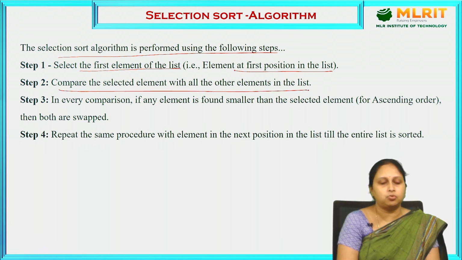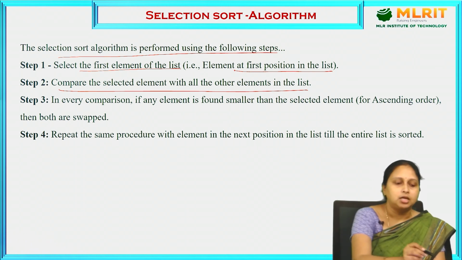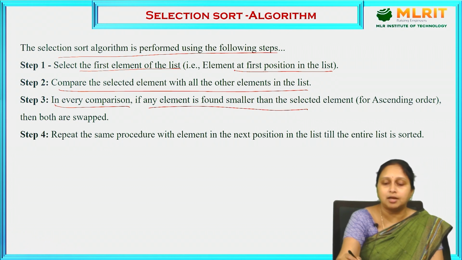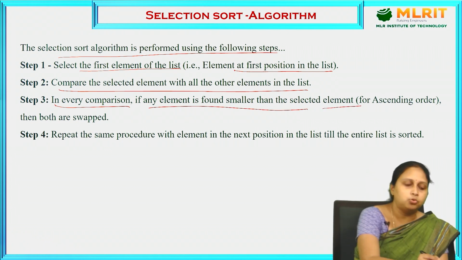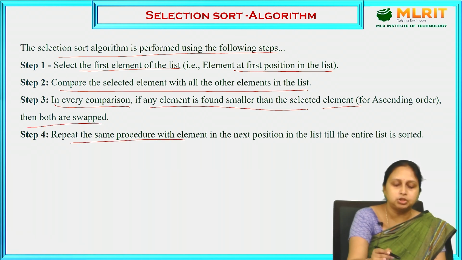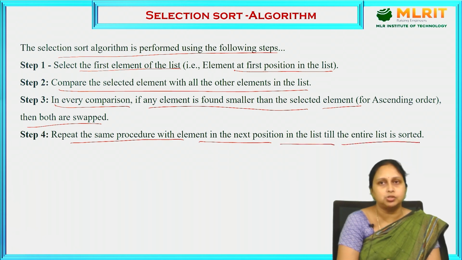In every comparison, if any element is found smaller than the selected element, then both are swapped. Then repeat the same procedure with the element in the next position in the list till the entire list is sorted.